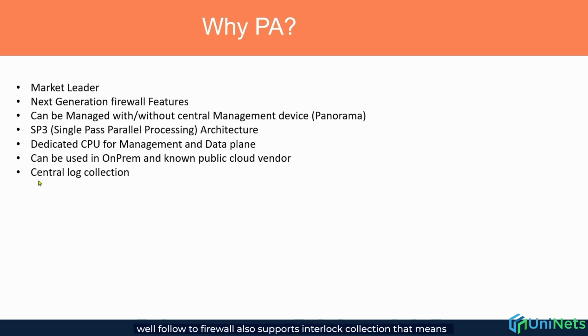Palo Alto firewall also supports central log collection. That means it can send the entire log to a centralized device. So if you want to integrate with any SIEM tool, such as Splunk, you can integrate Palo Alto firewall to it, or you can send the entire logs to Panorama itself.